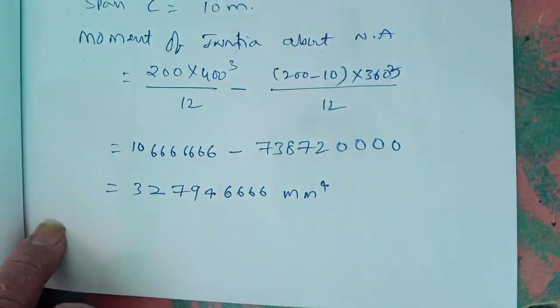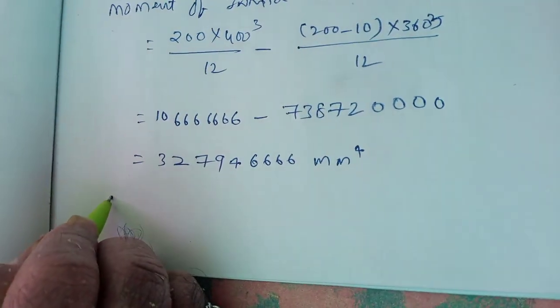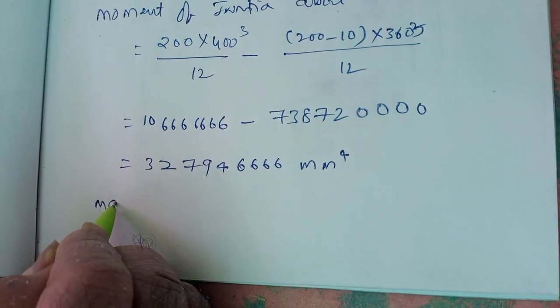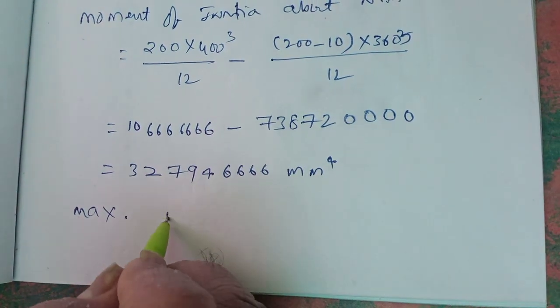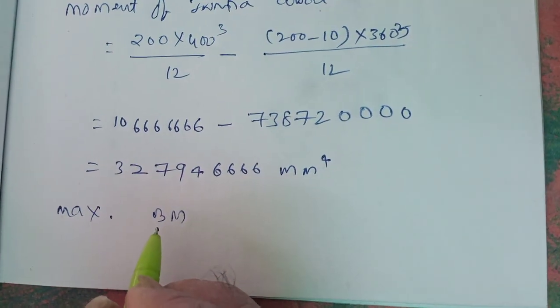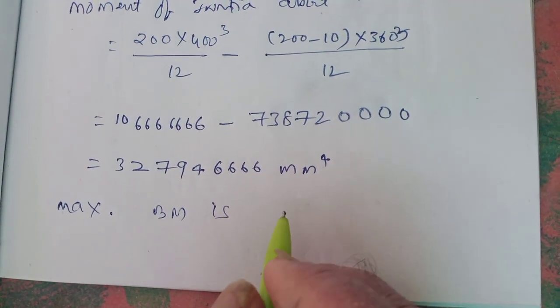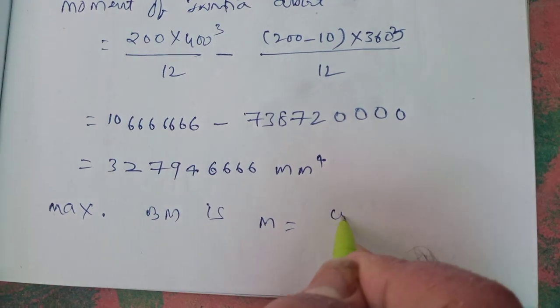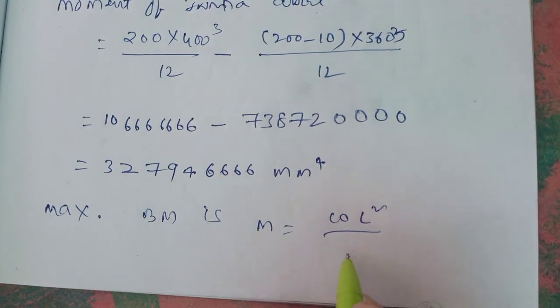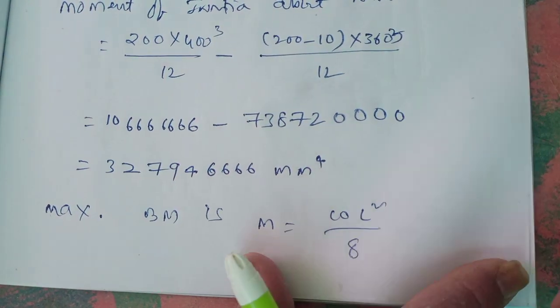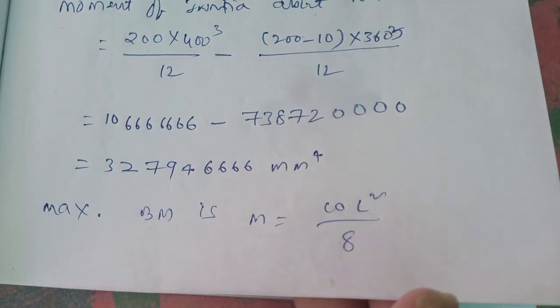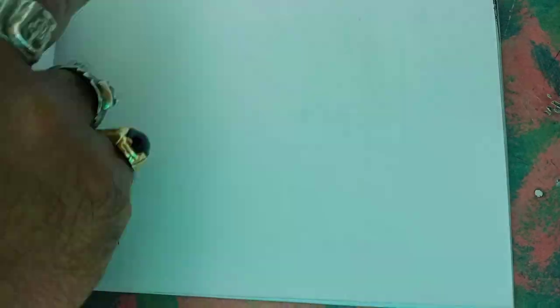Okay, so next is the maximum bending moment. The maximum bending moment, due to the UDL, is M equal to WL square by 8.